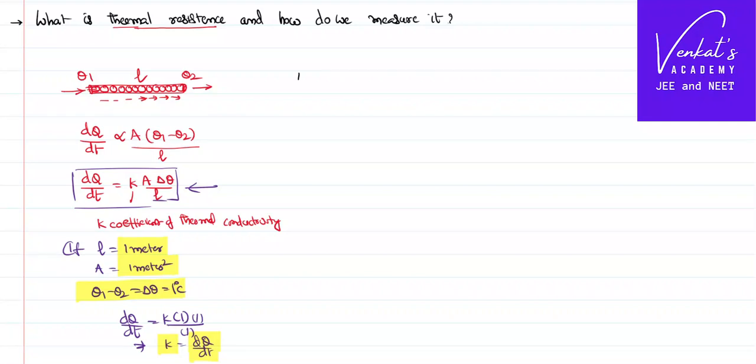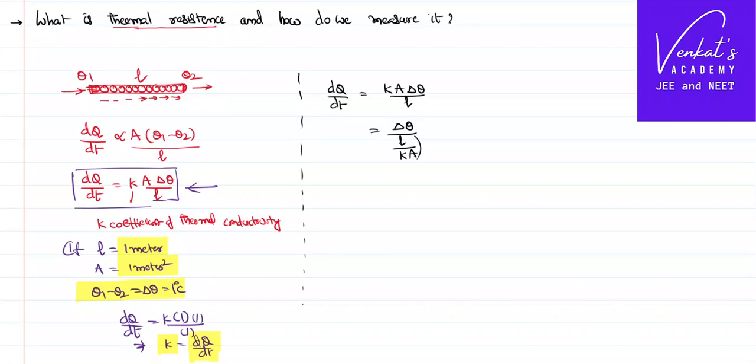Now let us continue our discussion because our aim is to talk about thermal resistance. So you got a formula dQ by dt equals K A delta theta by L. If you rearrange these terms, keeping delta theta in the numerator, you get K A in the denominator.